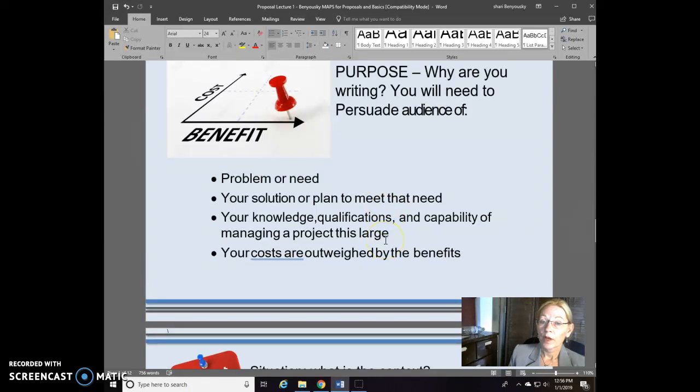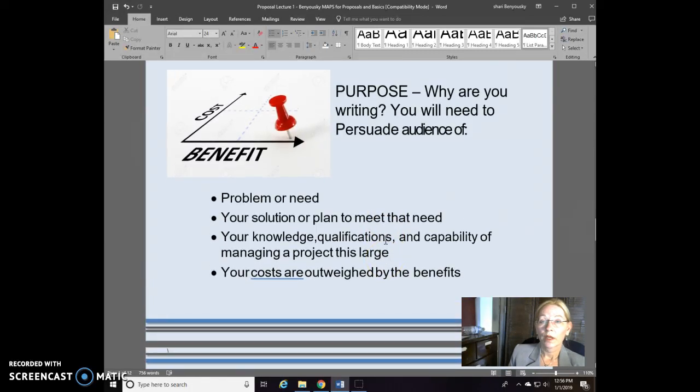You also need to persuade them that your solution or plan is the best. You also need to persuade them of your knowledge, your qualifications, your capability of managing this project, that you can do it. That's tougher when you're a student and you may or may not have the expertise that you're trying to find. So you have to think about the wording on those carefully.